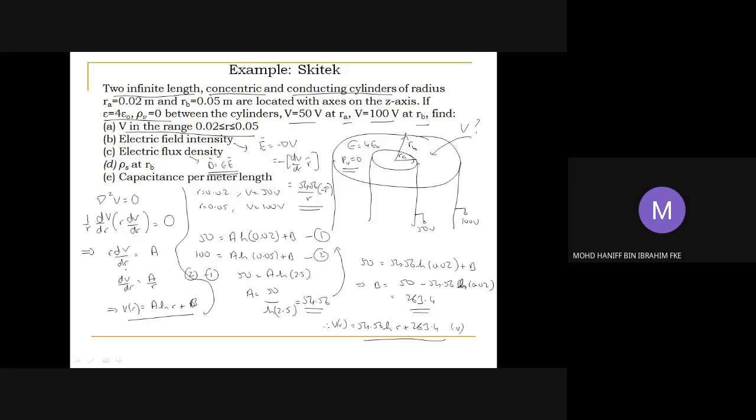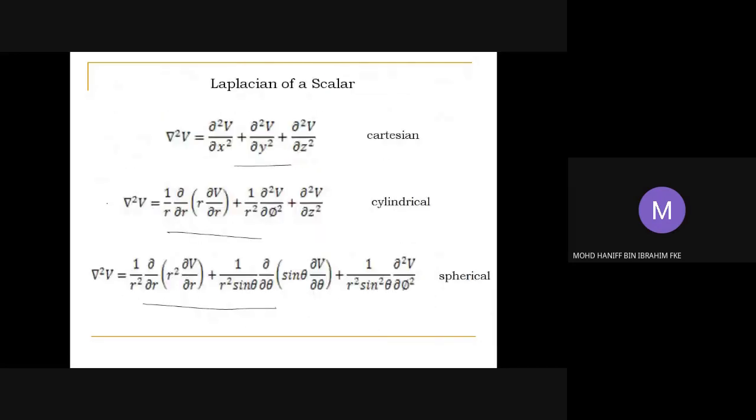Okay, so let us proceed with this. You have to go back to the Laplacian for cylindrical coordinates. This is the equation. If we base on this, we have Laplacian of V equals to 0. As we mentioned just now, the variation of V is only with regard to the r variation.